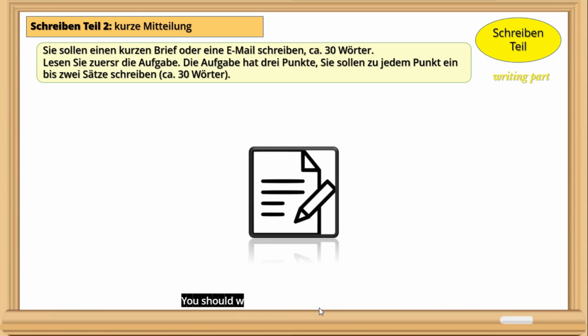You should write a short letter or an email of about 30 words. Read the text first and write 1 or 2 sentences.